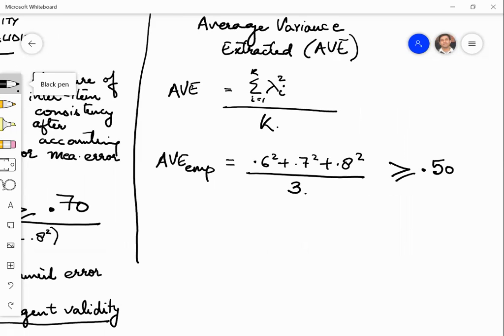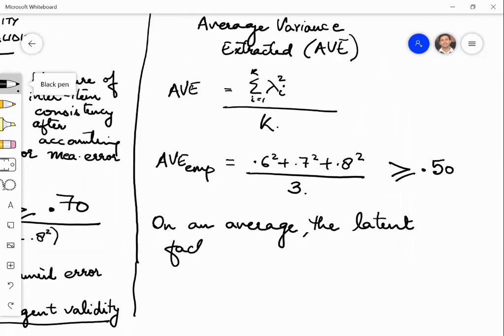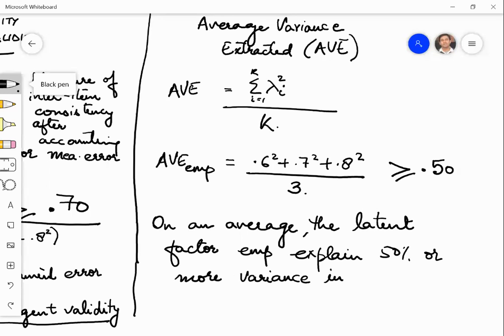It implies that on an average, the latent factor EMP explains 50% or more variance in the associated items.